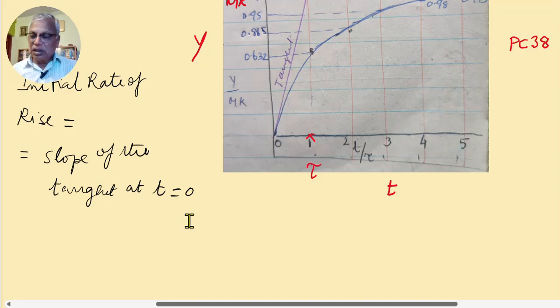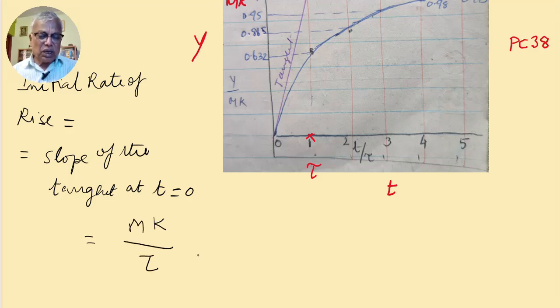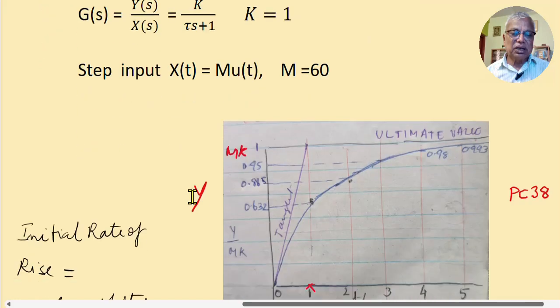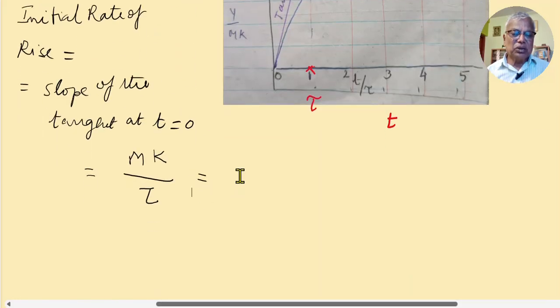If you look at the figure, the slope of the tangent will be MK by tau, right? MK by tau. And it is given that this initial rate of rise is 2 degrees Celsius per second. So MK by tau equal to 2.